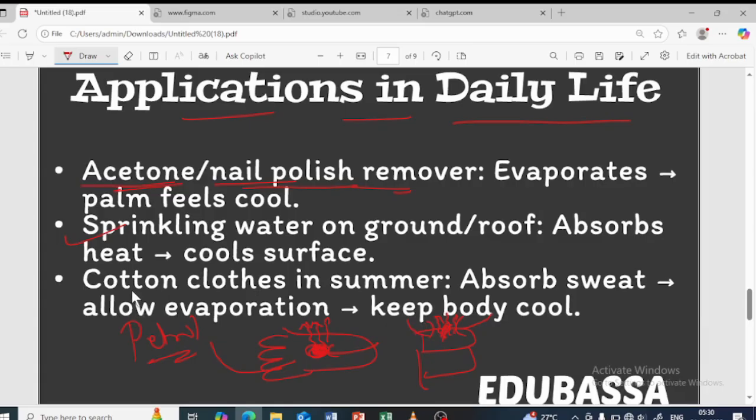Yes. And you wear cotton clothes during the summer season, right? Because obviously you know how sweating causes cooling. When you wear cotton clothes, it absorbs the sweat and exposes the sweat to the outside atmosphere so that evaporation takes place easily.